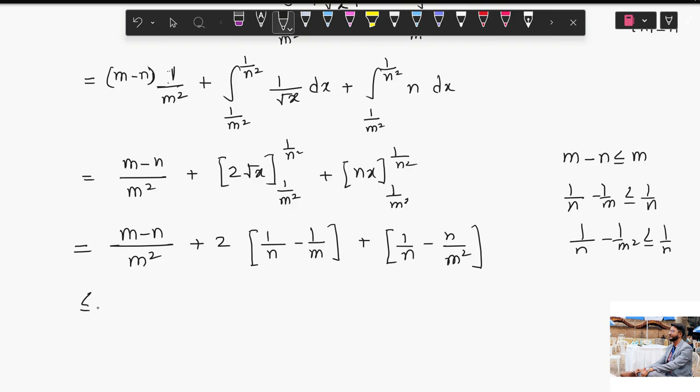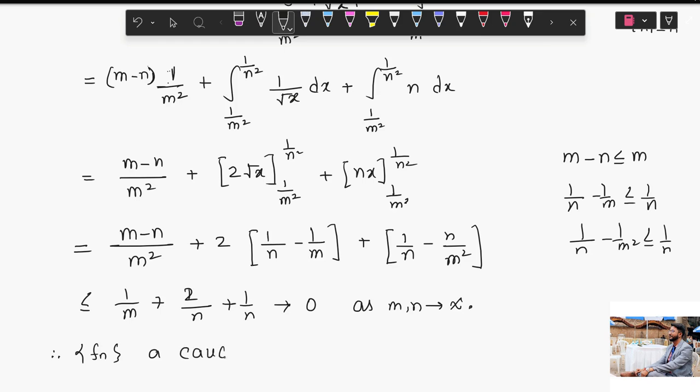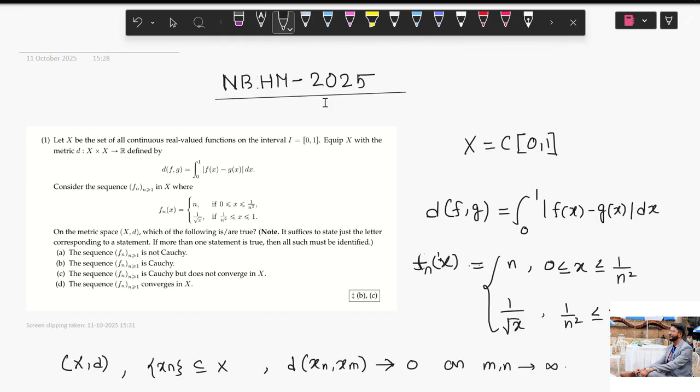I can write it is lesser than 1 by m plus 2 by n plus 1 by n, which tends to 0 as m, n tend to infinity. Therefore, fn is definitely a Cauchy sequence. So we observe that fn is a Cauchy sequence.